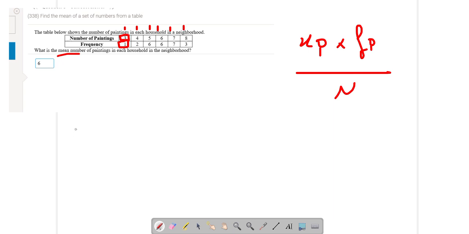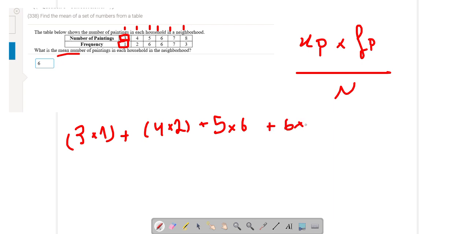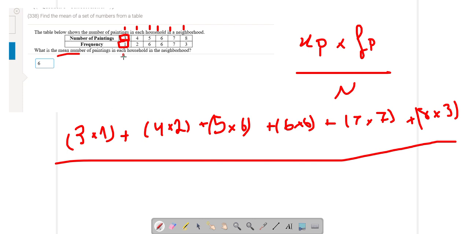So what do we do? 3 times 1 plus 4 times 2 plus 5 times 6 plus 6 times 6 plus 7 times 7 plus 8 times 3. All that in brackets over the total frequency, which is 1 plus 2 plus 6 plus 6 plus 7 plus 3.